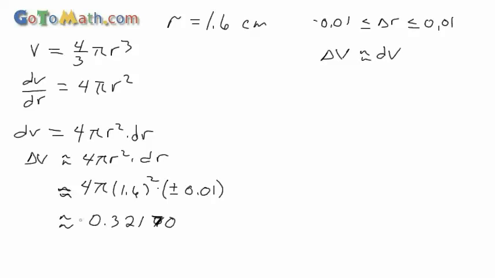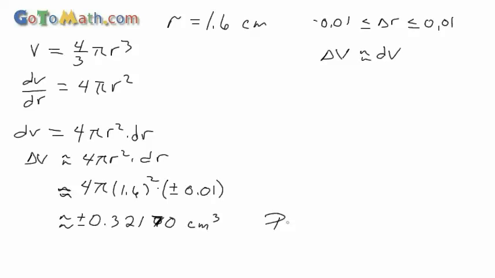Now remember that this is also plus or minus, and we can't forget our units. What are we calculating? Volume, right? So this would be centimeters cubed. Okay, so this is actually going to be considered our propagated error.